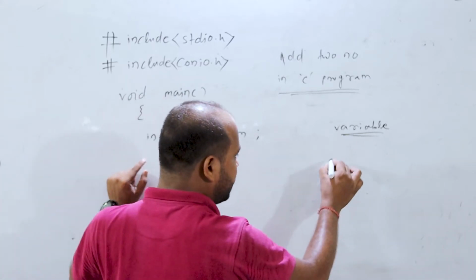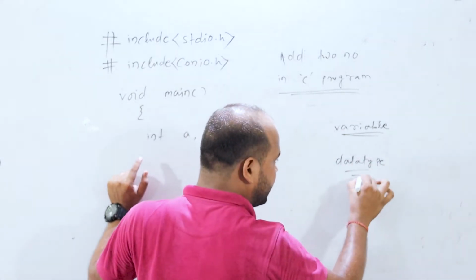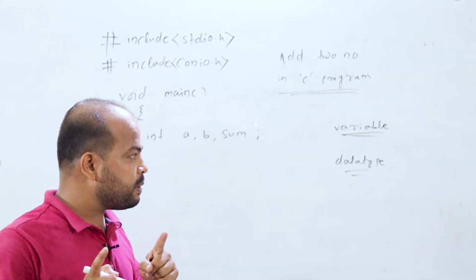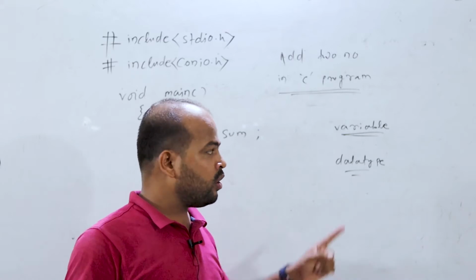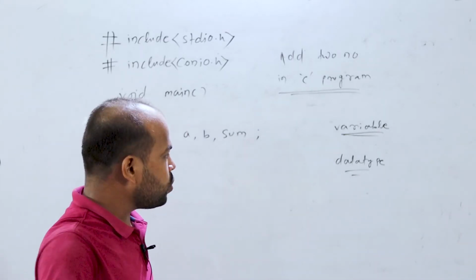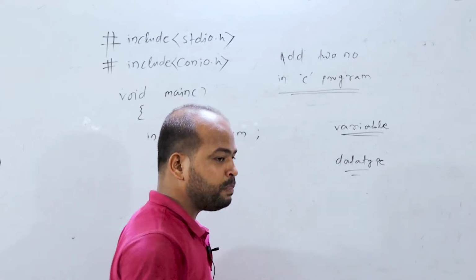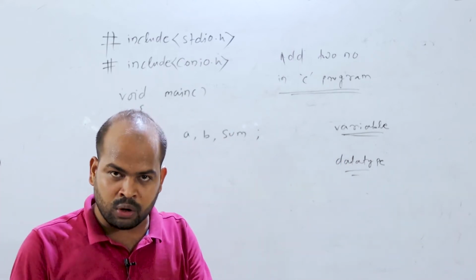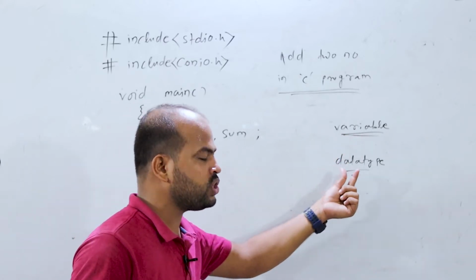Then, what is data type? Data type defines the specific characteristics of the variable. That means whichever type of value we will insert in our variable, we have to use the data type.